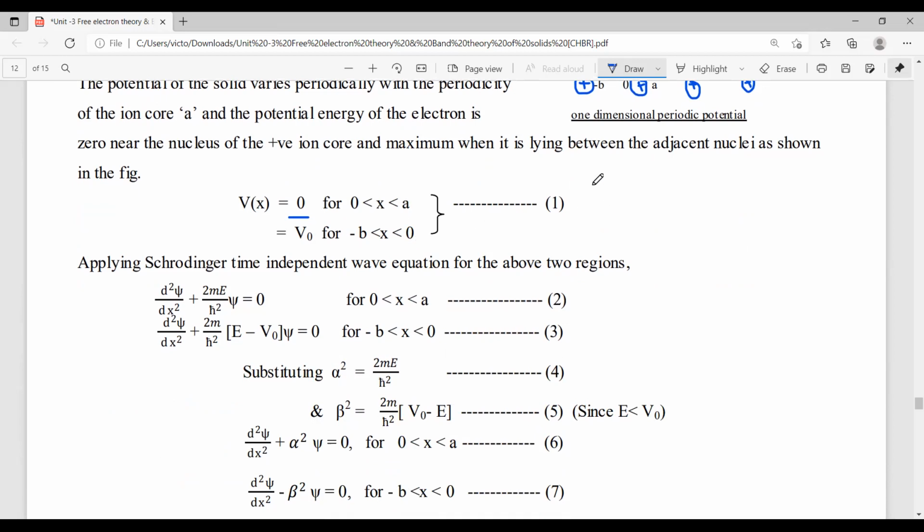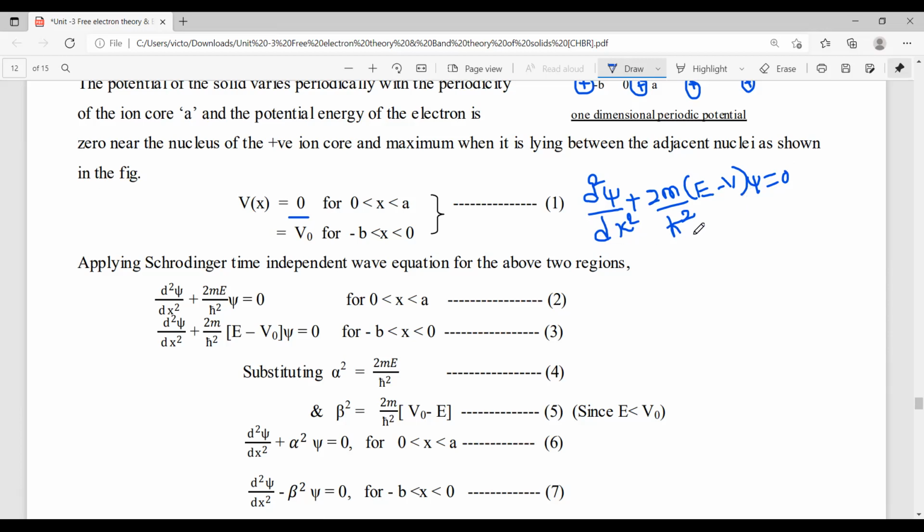Let us recall that Schrodinger's time-independent wave equation in one dimension is d square psi by dx square plus 2m by h cross square into E minus V, psi, equal to 0. So this is the Schrodinger's time-independent wave equation.